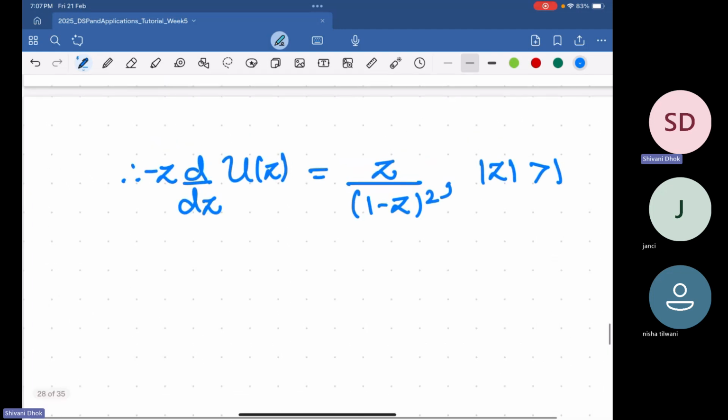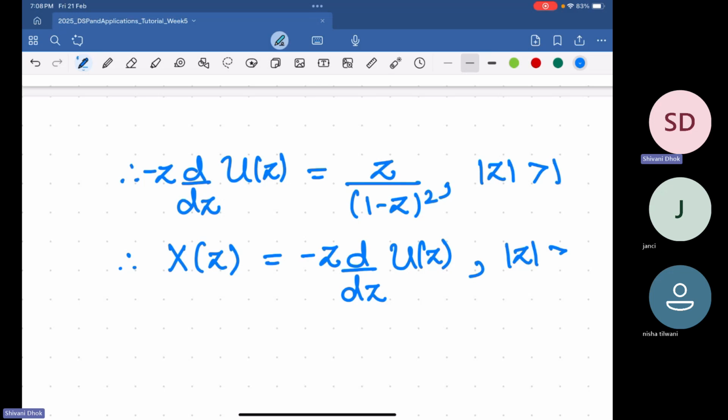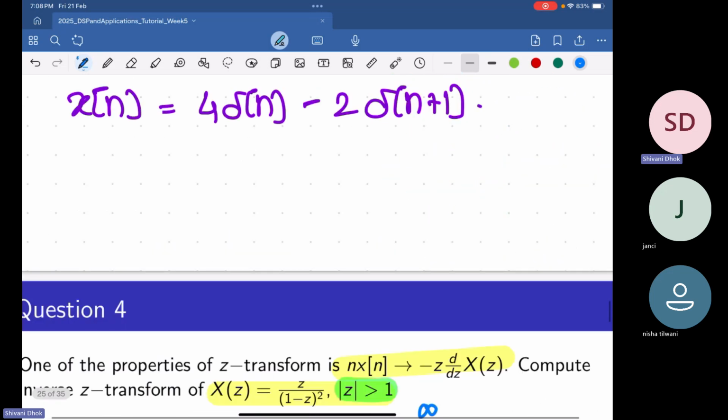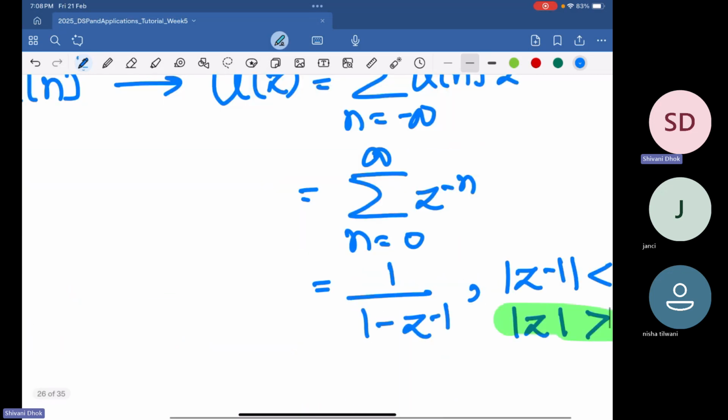So my X(z) comes out to be equal to minus z into d/dz of U(z), with magnitude of z greater than 1. We had also been given another important property in that question: for any signal x[n], n into x[n] corresponds to minus d/dz of X(z).